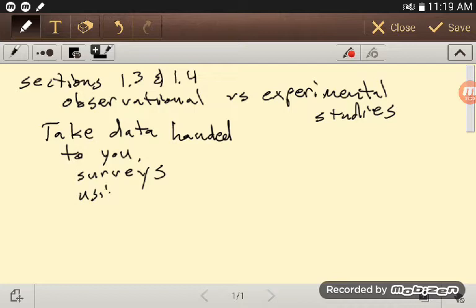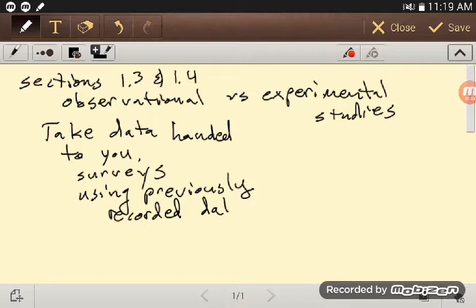So things like a survey, or just using previously recorded data. So I could do a study on undergraduates and GPAs and so forth. Well, what might I do?